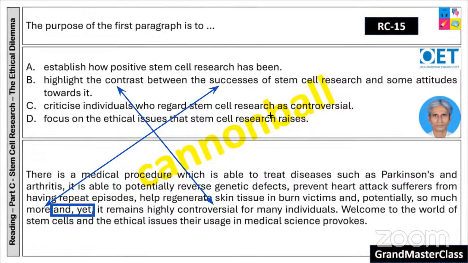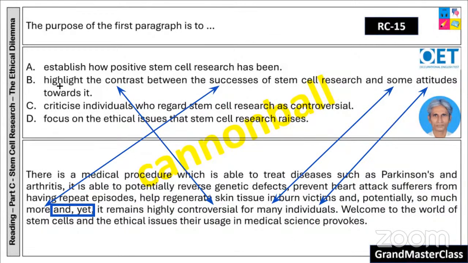So many positive things are there, but still it is highly controversial for many individuals. Not all, but for many. So you can take some attitudes, individuals' attitudes. Many individuals have different attitudes towards it. It means again, here you have to know this difference.